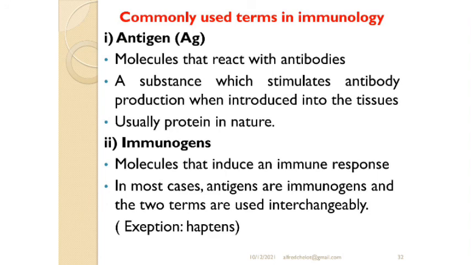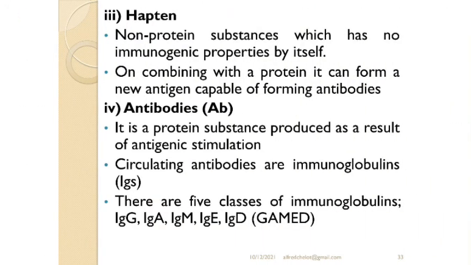Immunogens are molecules that induce an immune response, and in most cases antigens are immunogens, and that's why the two terms are used interchangeably, except for the haptens. So what are haptens? A hapten is a non-protein substance which has no immunologic property by itself, but on combining with a protein, it can form a new antigen capable of producing antibodies.